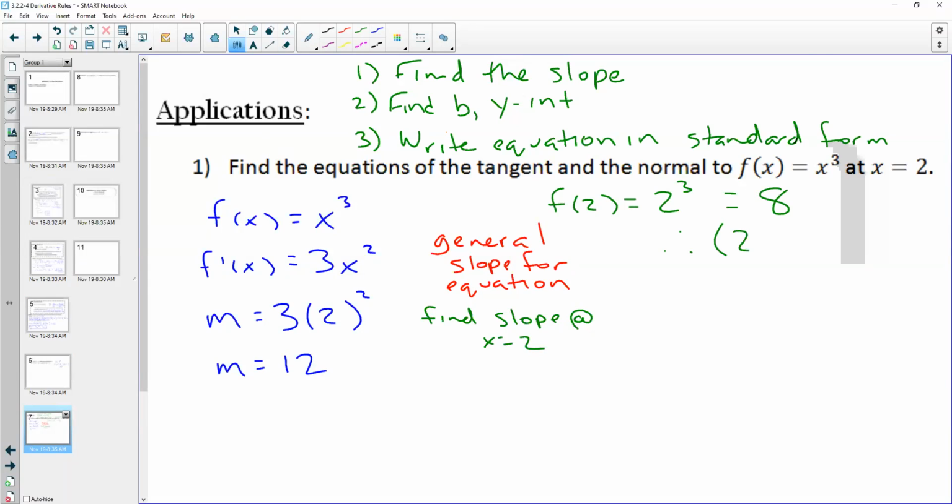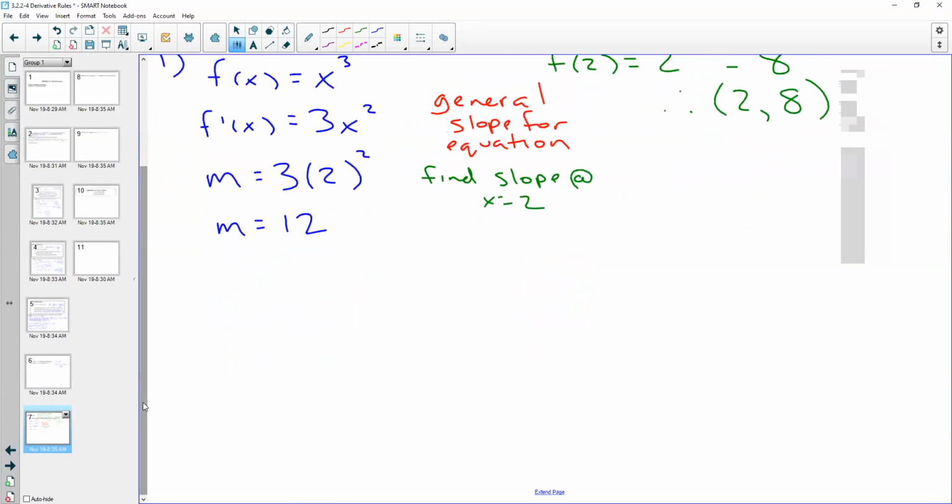Therefore, we have a point at 2 and 8. Okay, so this was step 1, find the slope. Step 2, we will find b.